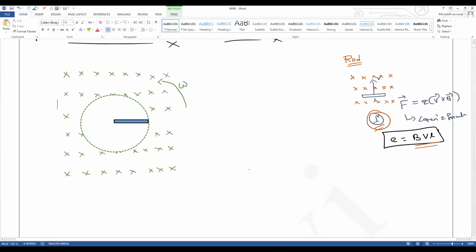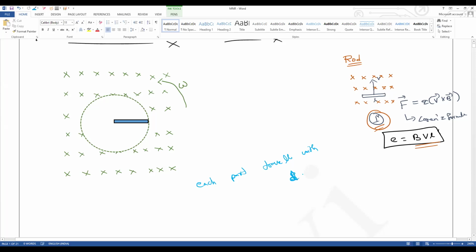Now, you tell me, will each part of this rod travel with the same velocity or different velocity? That is my first question. Each part of this rod, same or different velocity?